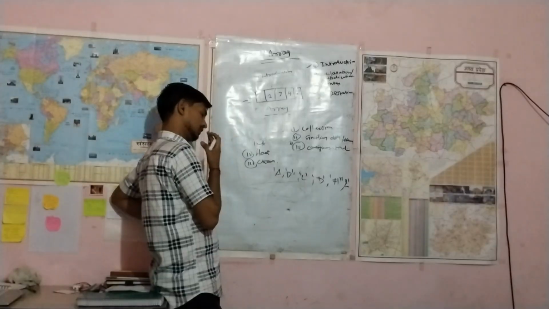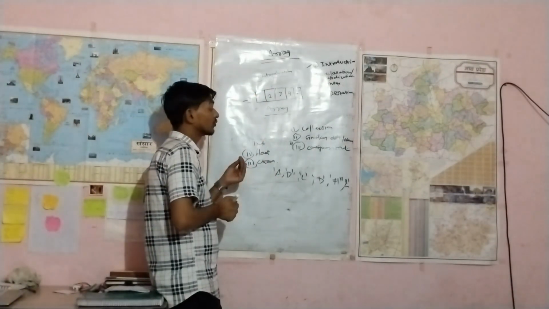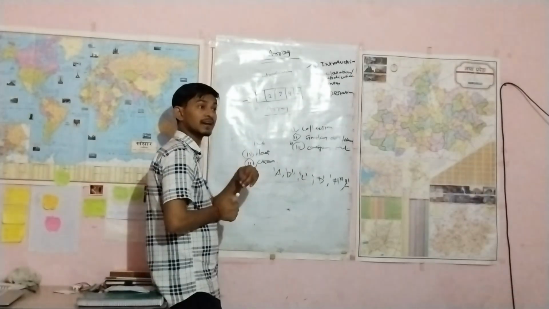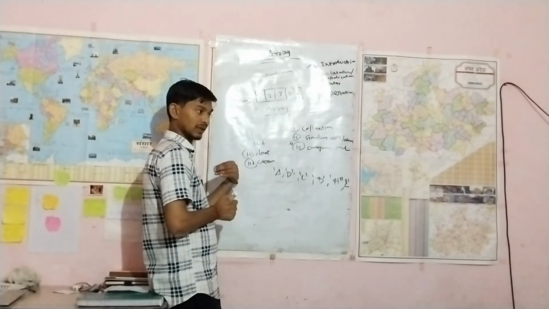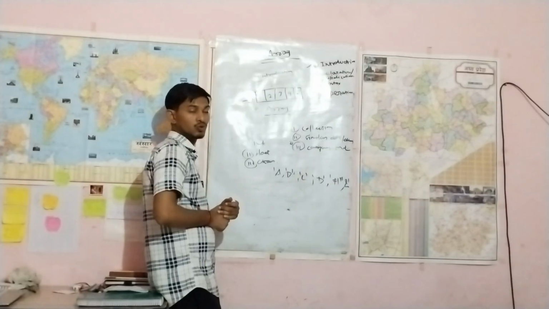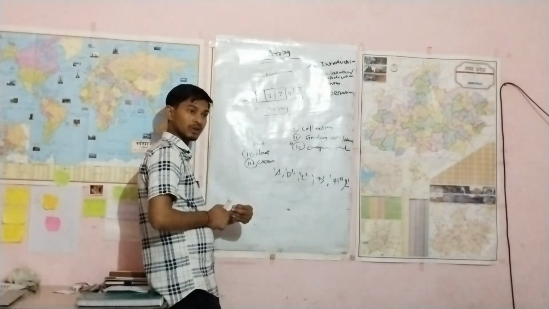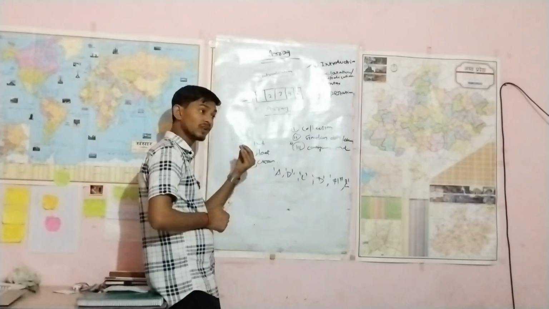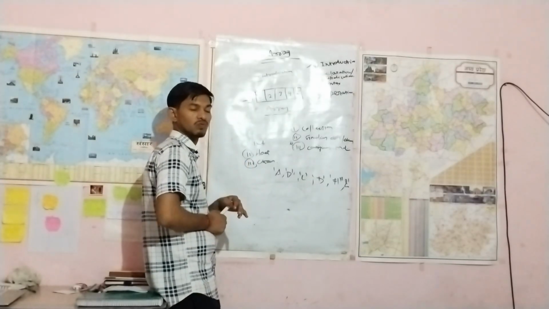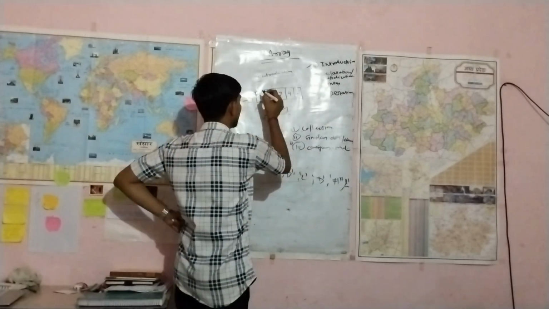To calculate where your data is stored, or where your elements are going to be stored, we can say to find the location in memory, we use the concept of index. What do you understand by index? Let's understand with an example.